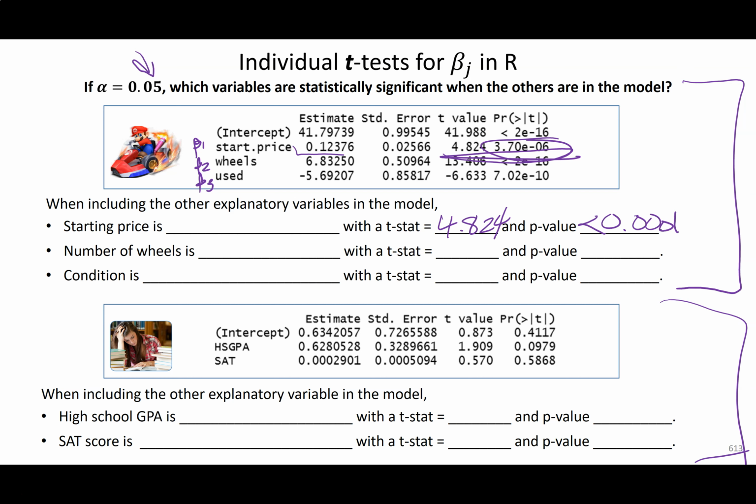That's true. That's plenty small. So if I have a t-statistic of 4.824 and a p-value that's really tiny, that would tell me that starting price is very useful to include, even when you already have wheels and condition, either new or used, in the model. So I would say it's significant here.